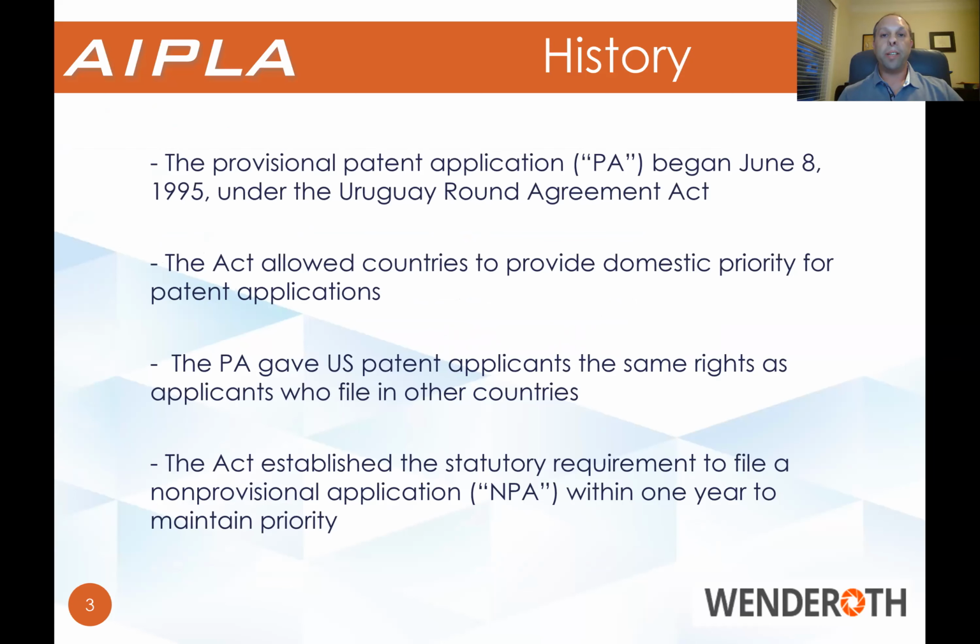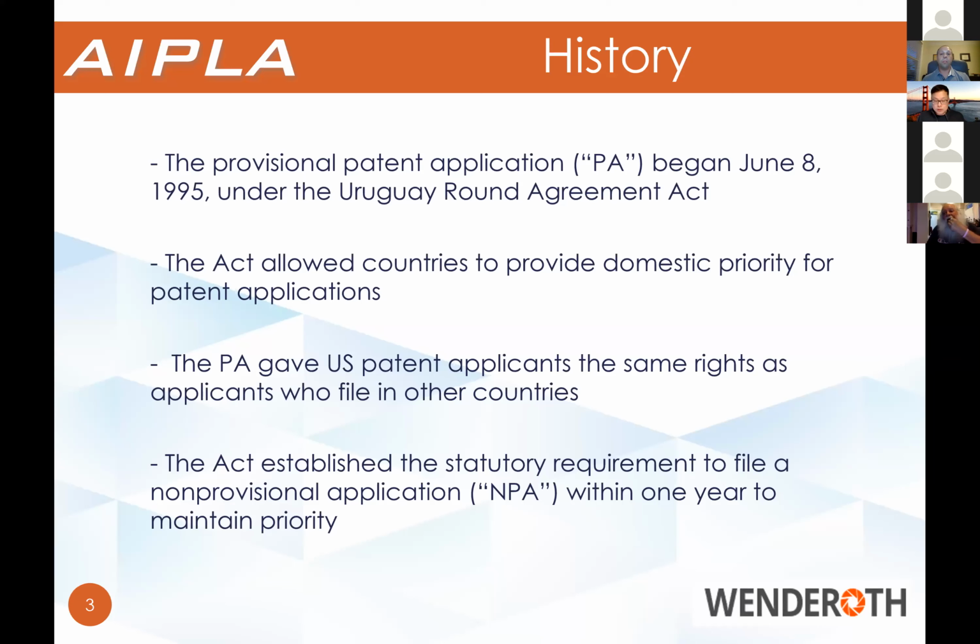And so in order to give the United States priority for applicants filing in the United States, the provisional was created. So then also at the same time, the non-provisional was created, where you would need to file within 1 year a non-provisional application claiming priority to the provisional application.